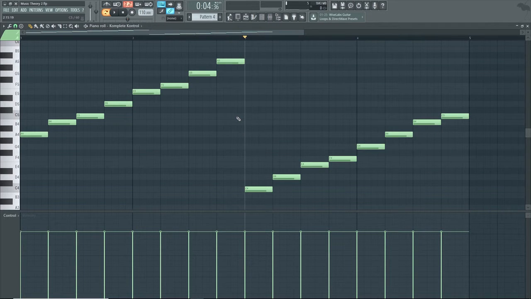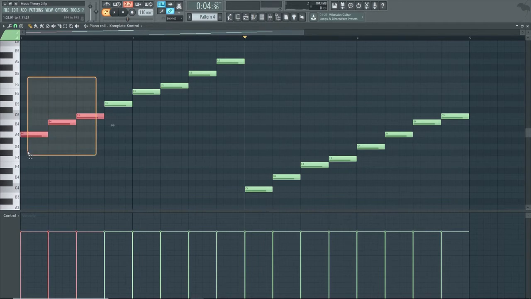A relative minor or relative major is a scale that uses the exact same notes. Every minor has a relative major, and every major has a relative minor. The interesting property between them is that we're focusing more on the major thirds rather than the minor thirds.